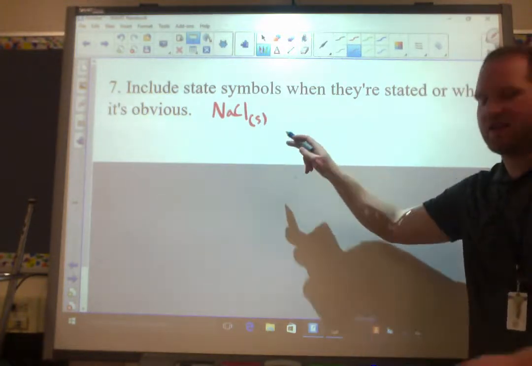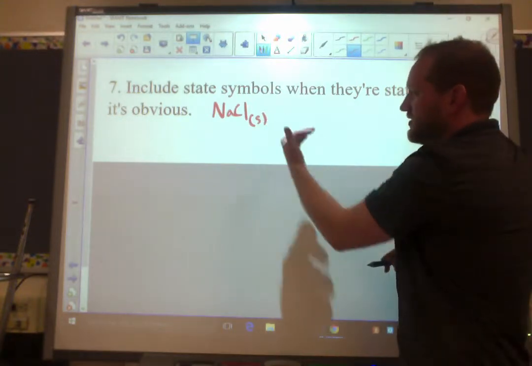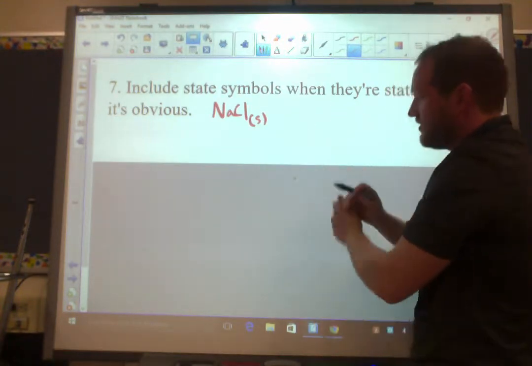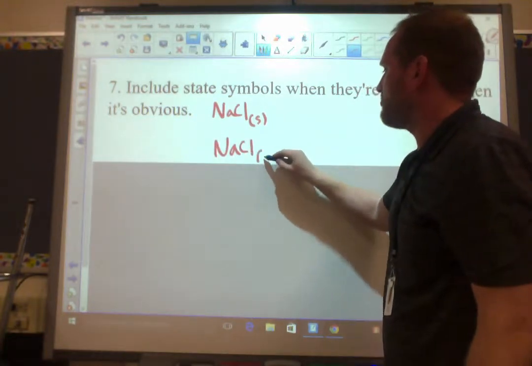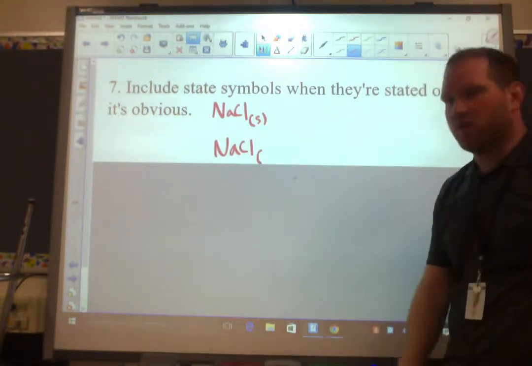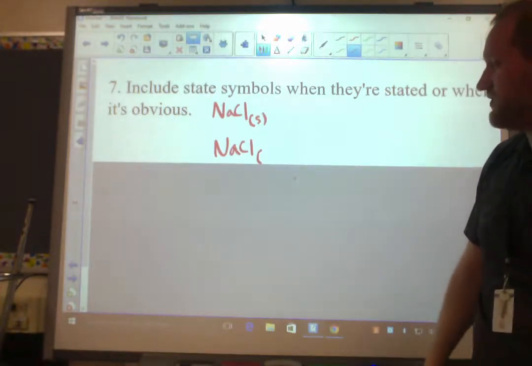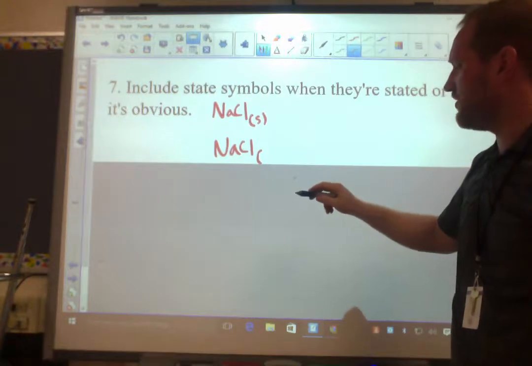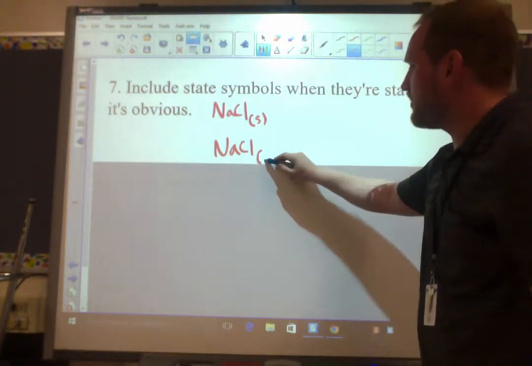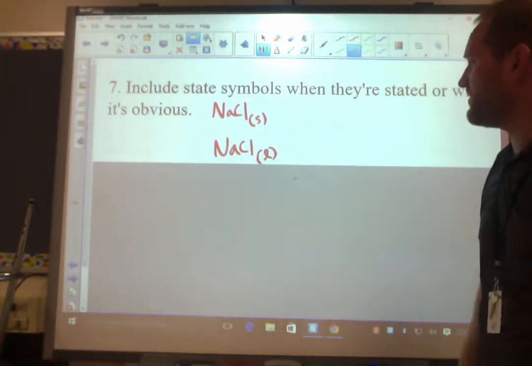It's generally written as a subscript, meaning it's small and to the right. If you have NaCl liquid, if you actually manage to melt that salt, which you could do at like 800 degrees Celsius, we write L here. But if you just write a lowercase l, it's going to look like a 1. So we do a cursive L, like a little loop, NaCl liquid.